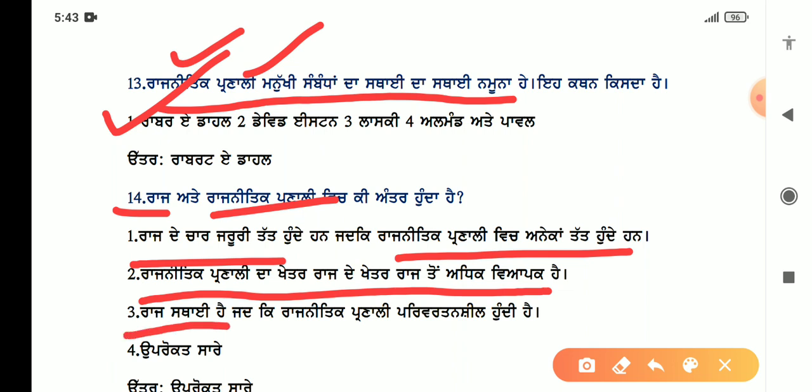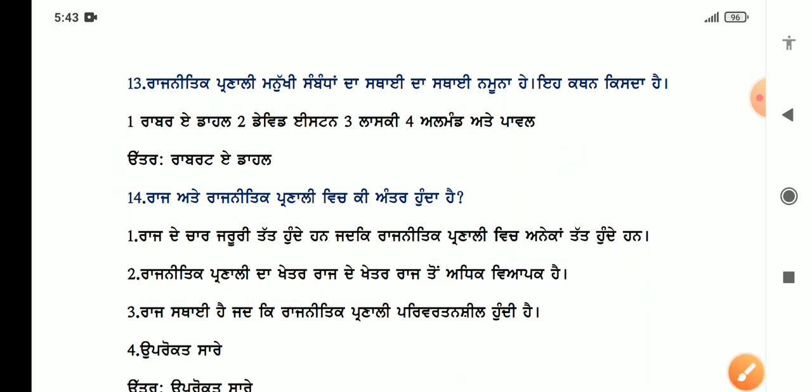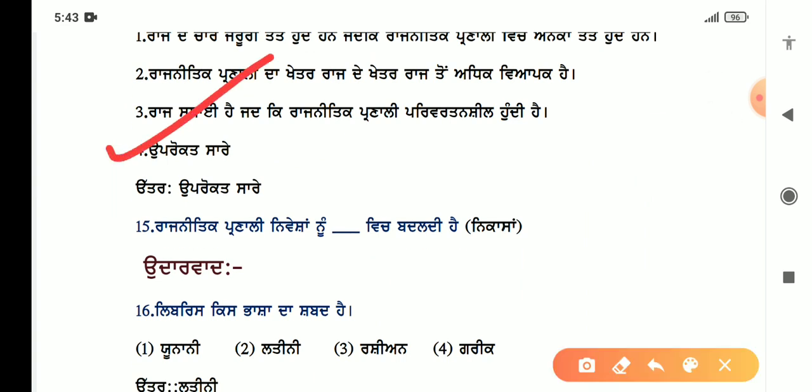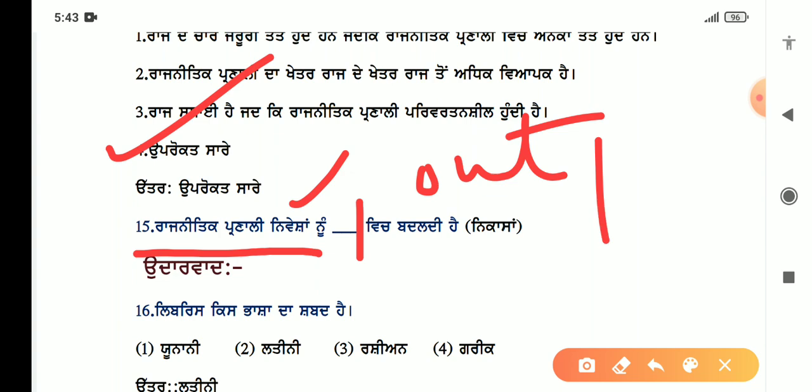State is permanent. Political system keeps on changing. So all of the above will be the answer of this question. Political system changes inputs into outputs. Here it will be outputs.